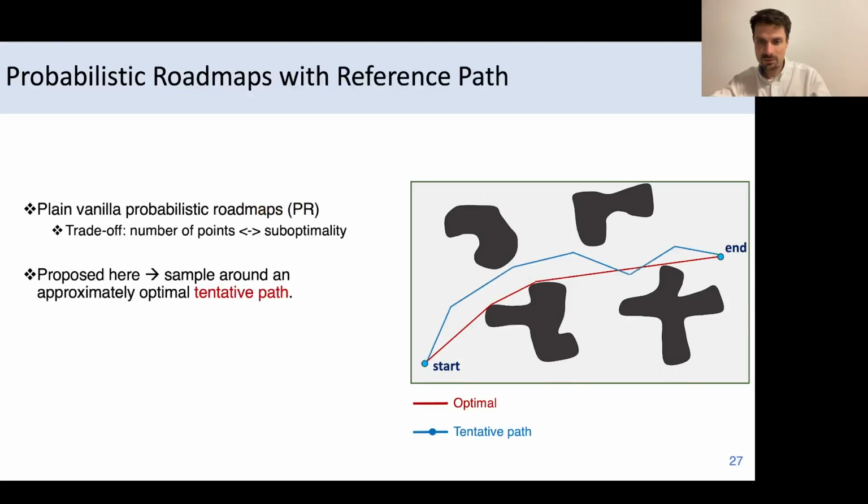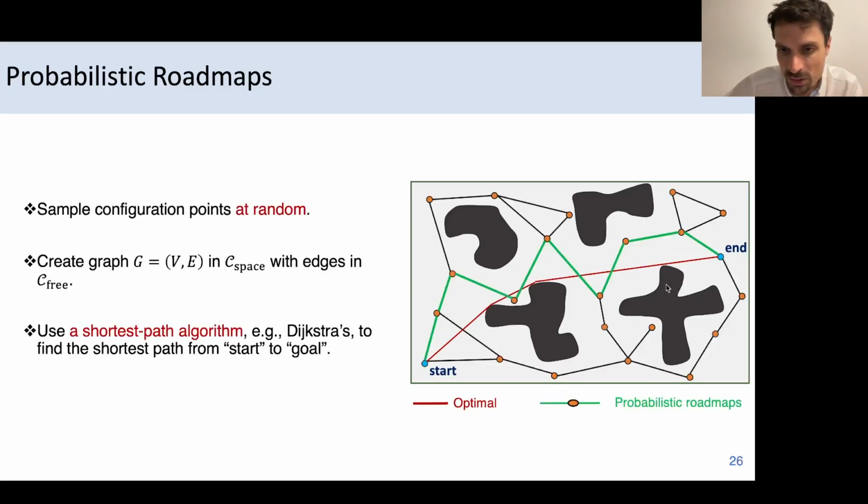So in this paper, what we do is propose a smart way of sampling. The idea is not to generate configuration points uniformly across the configuration space, but to generate the configuration points randomly, but near the optimal path.